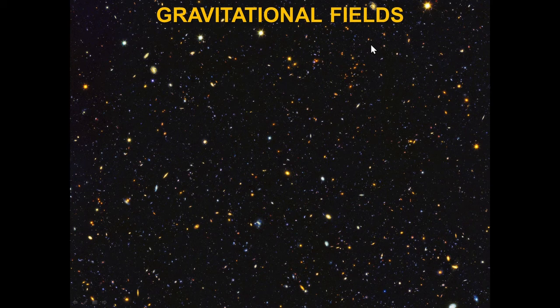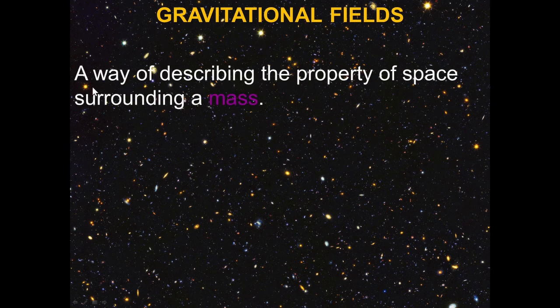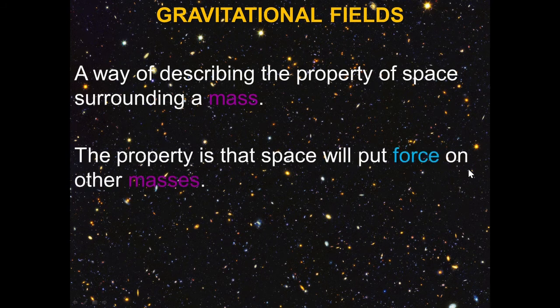I want to talk about gravitational fields. So a gravitational field is a way of describing the property of the space surrounding mass. Now, mass creates gravity, and puts force on other masses.